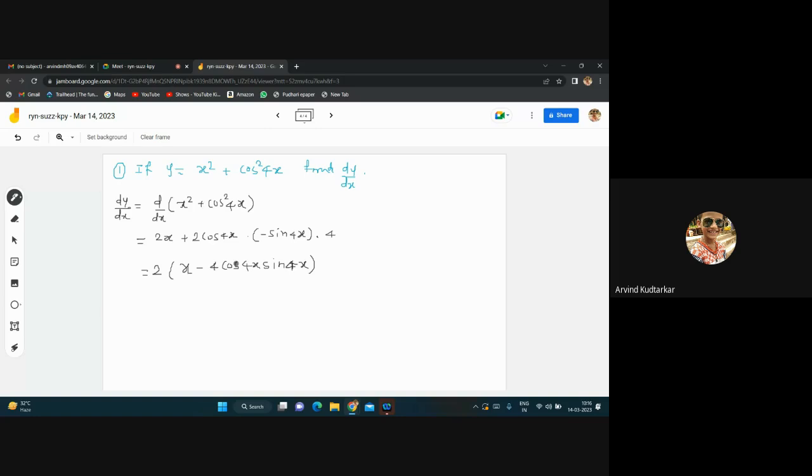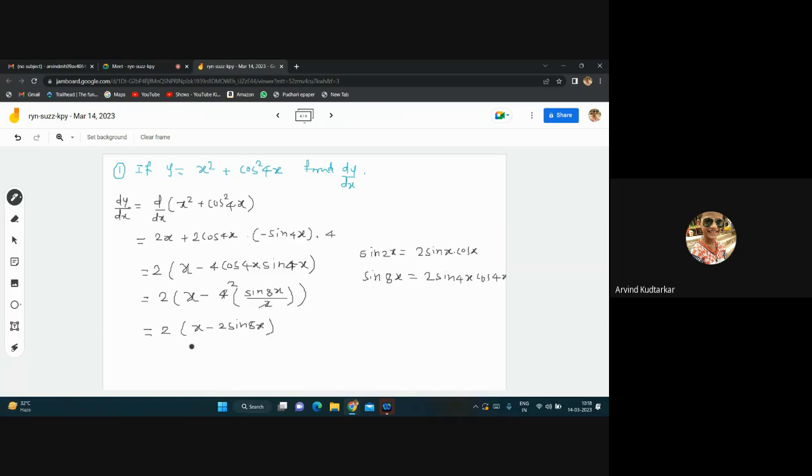So 2 times x minus 4 into cos 4x sin 4x is sin 8x by 2. Sin 8x divided by 2 is there. Okay. So the 2 gets cancelled, there remains 2. So 2 times x minus 2 sin 8x. This is the correct option.